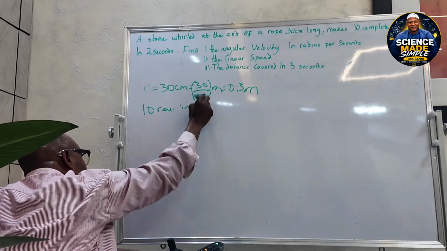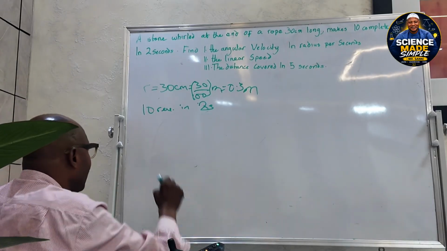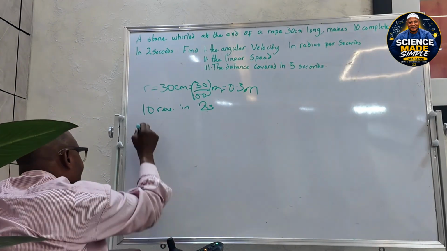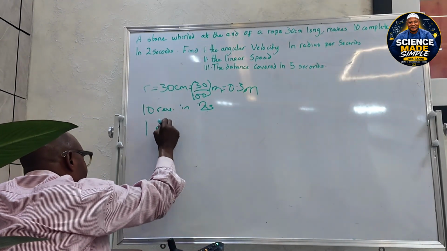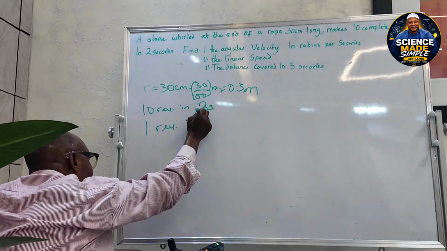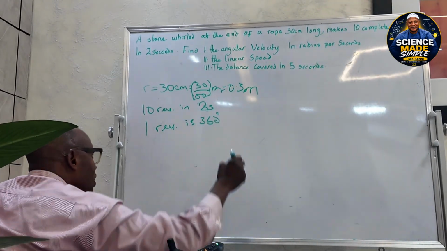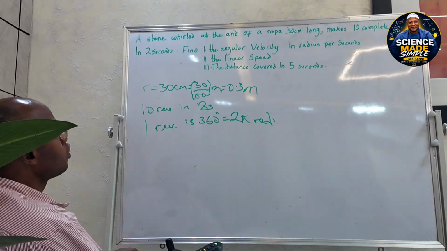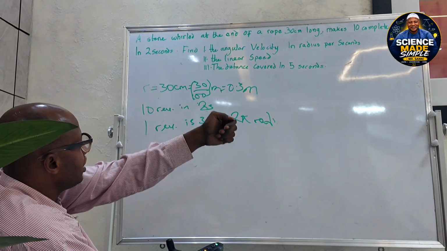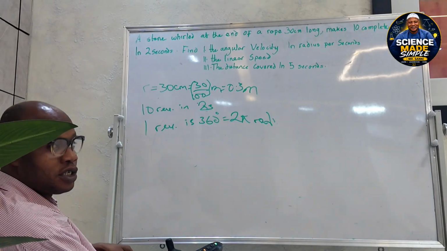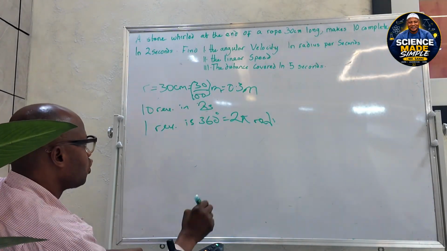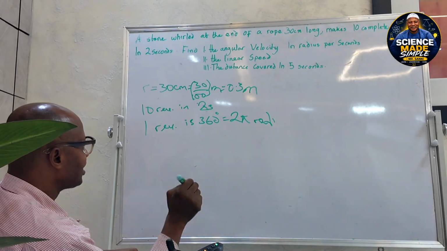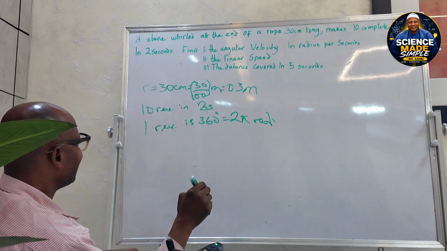For 1 revolution, that is 360 degrees. 1 revolution is 360 degrees, or 2 pi in radian, because we are asked to calculate it in radian per second. So 1 revolution, which is 360 degrees, is the same thing as 2 pi in radian.